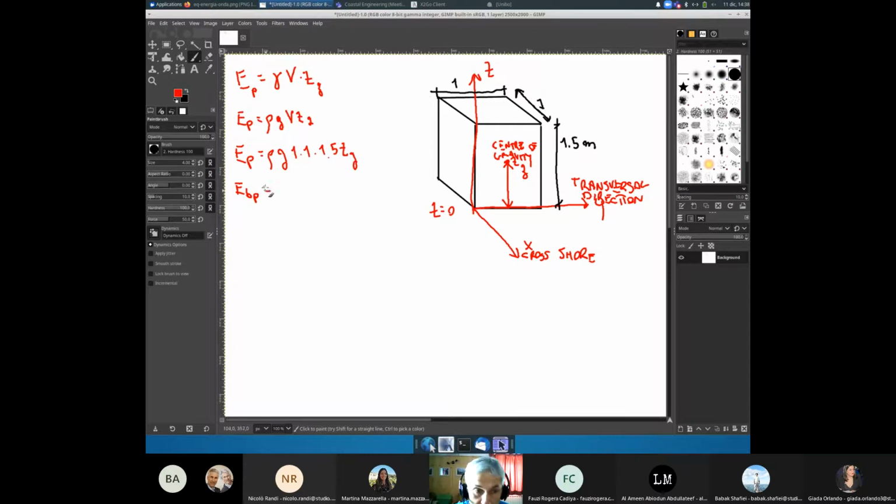So what we can write here is simply rho G 1.5 ZG. Again. Okay, and at this stage, given this very simple shape, our computation is finished.